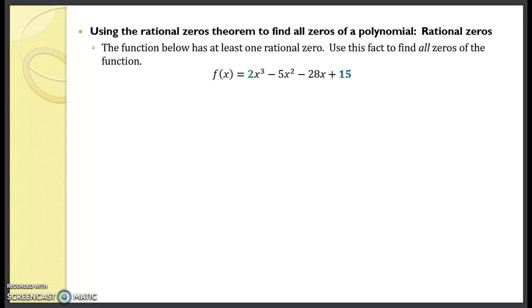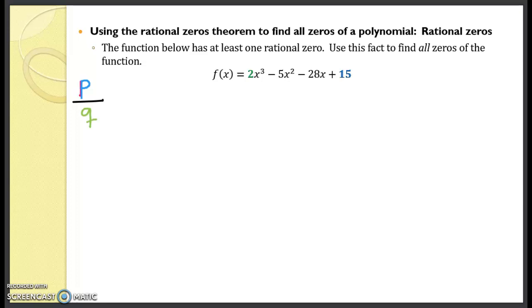But we're told this has at least one rational zero. So that means that it has some zero of the form p divided by q.